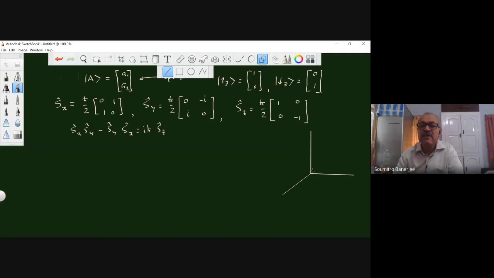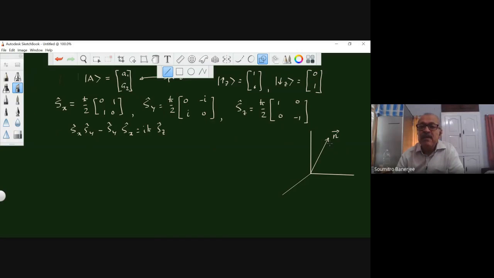And suppose there is a vector, badly drawn. This will be the vector that we are trying to plot, in some arbitrary direction, say n. This is what we are trying to figure out.